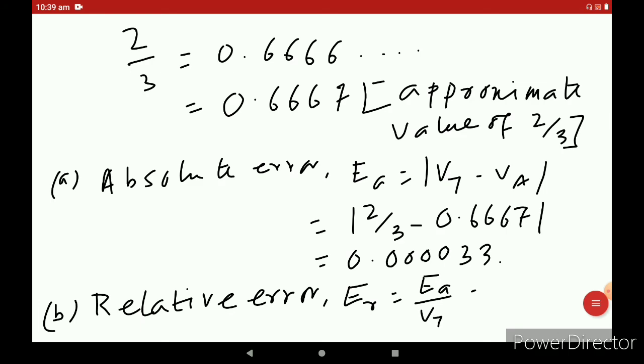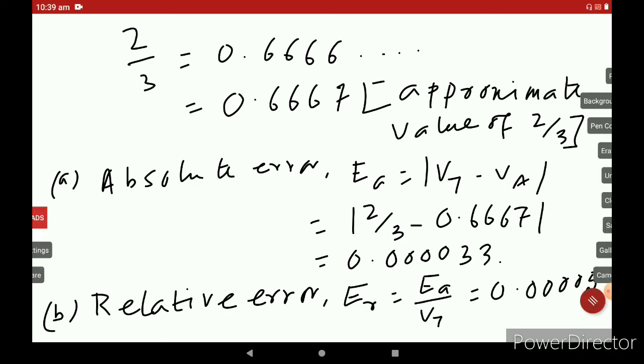Okay, equal to, you calculate this value, just you put 0.4033 divided by true value, then you get 0.405. Okay, so just you put this value and we find relative error.